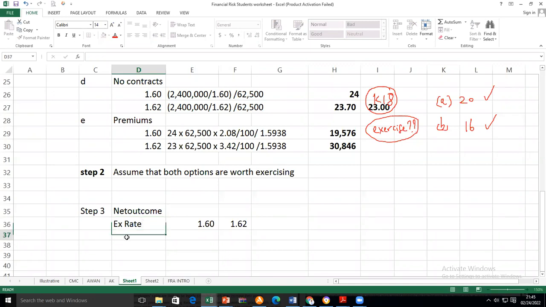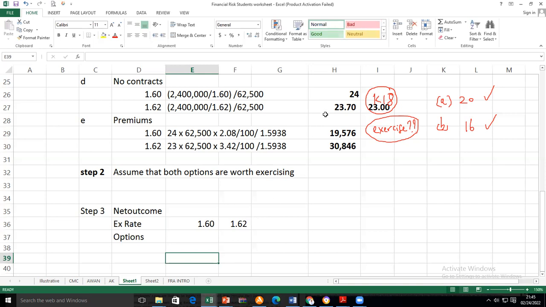So from the options, what happens? We have exercised. You are selling. What are you selling? You are selling your pounds. Here you are selling your pounds at 1.6, there at 1.62.